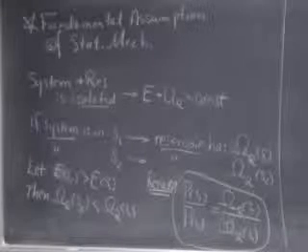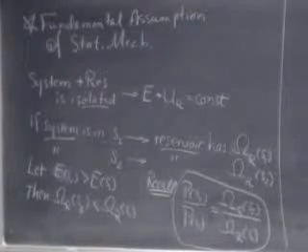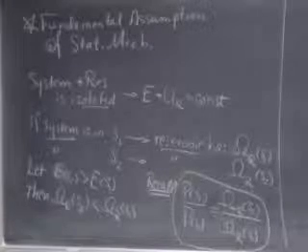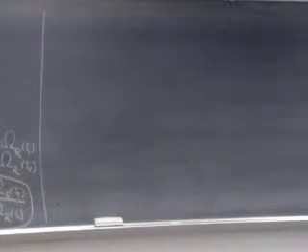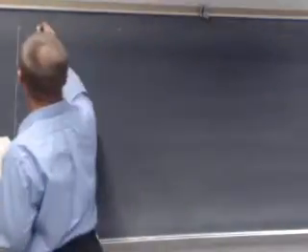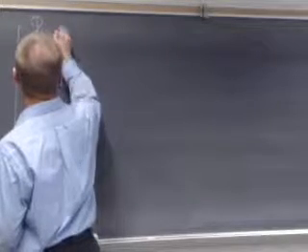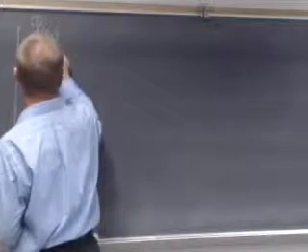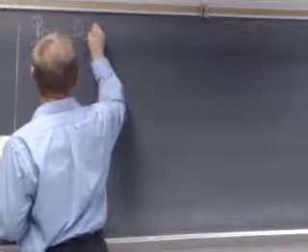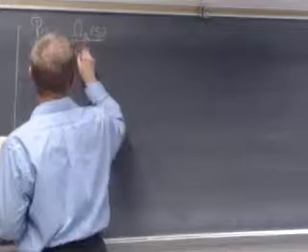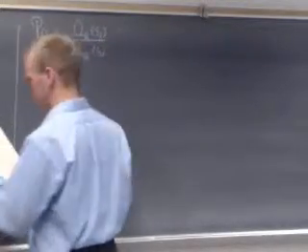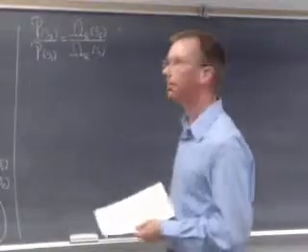Now, using the fact that we can get the ratio of probabilities from the ratio of the reservoir's multiplicities, we've hit on the key to how we're going to do this. Putting that back up there.